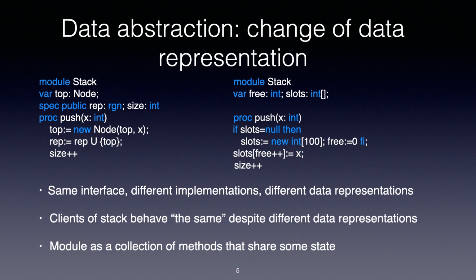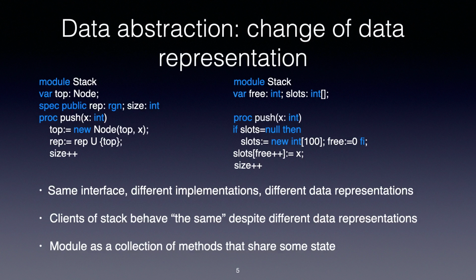Let me just mention here that this annotation spec public basically says that these are variables that cannot be modified by a client, but they can appear in specs and can be used by the client for reasoning about the program.